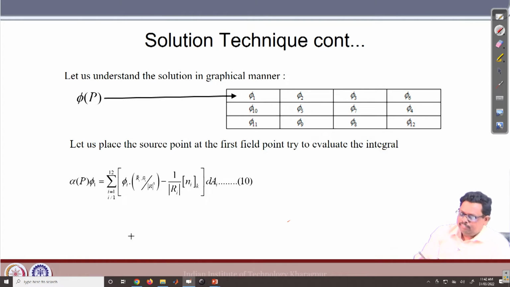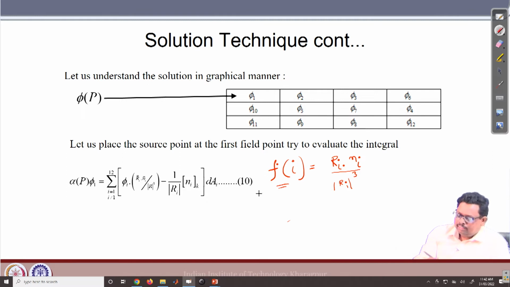Now, it is very easy. My functional value, what is the functional value here? My functional value here is nothing but f I equals, what is the distance from the source point to the field point, that is r I. Then I take a dot product with the normal at that particular point, and I divide this by the distance cube, I mean the mod of distance cubed, which is r I to the power 3 by 2.